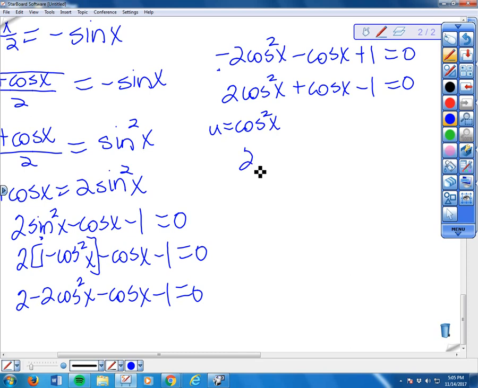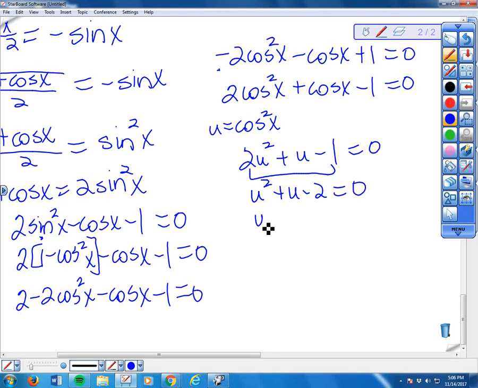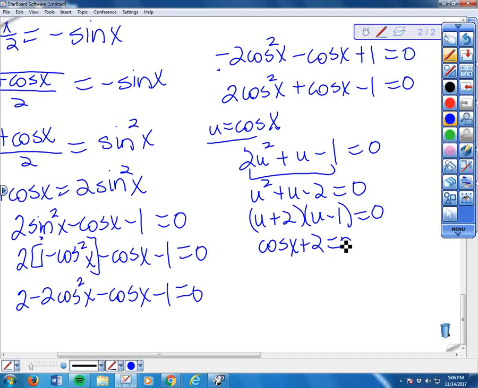I get 2u squared plus u minus 1 equals 0. So bottoms up, u plus 2, u minus 1, substitute back in what u is. So this is cosine x plus 2 equals 0, cosine x minus 1 equals 0.